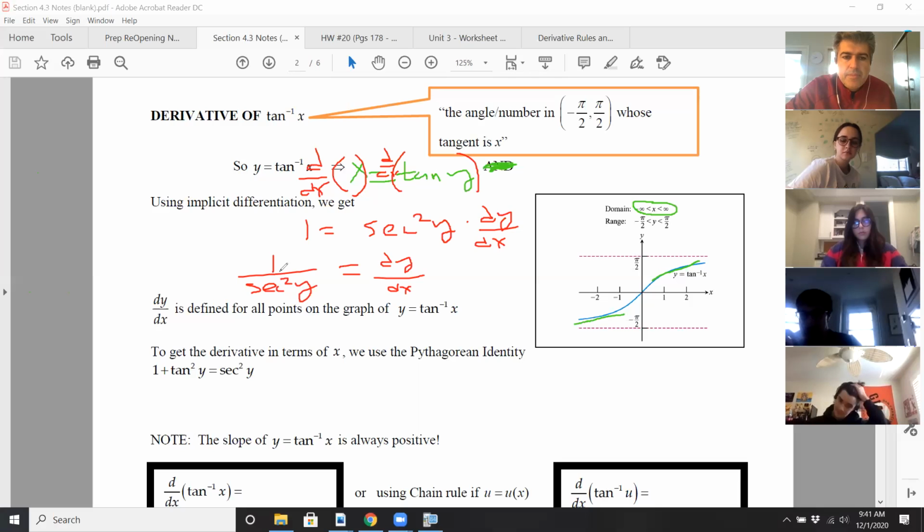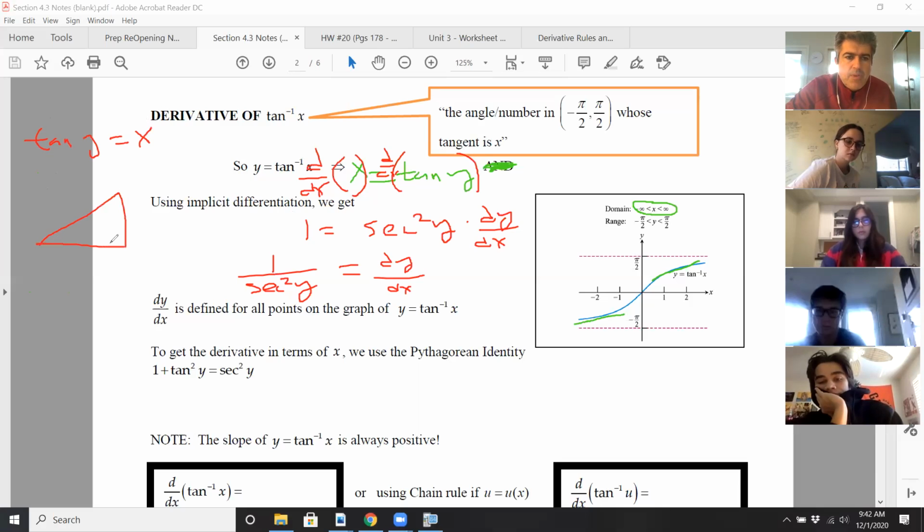Now, you could, if you want, let's actually draw this too. So tangent y equals x means this. Right triangle, here's y, and that's like saying x over 1.